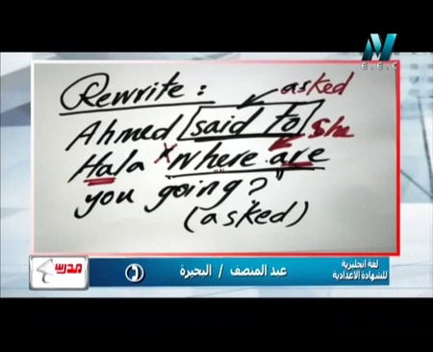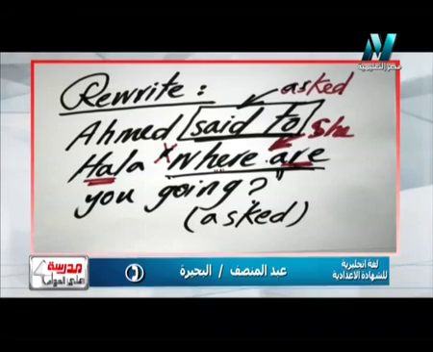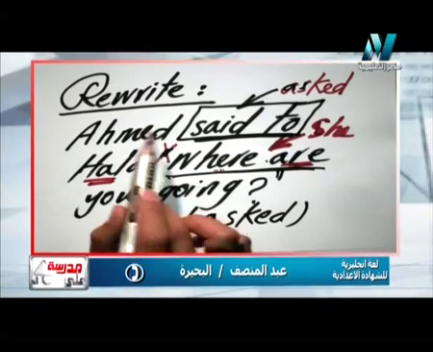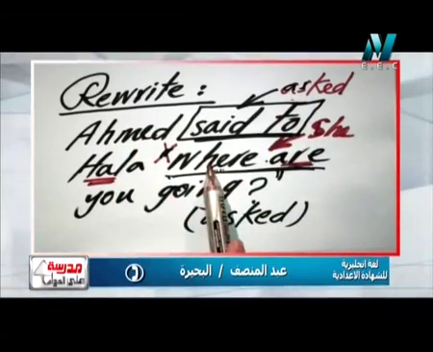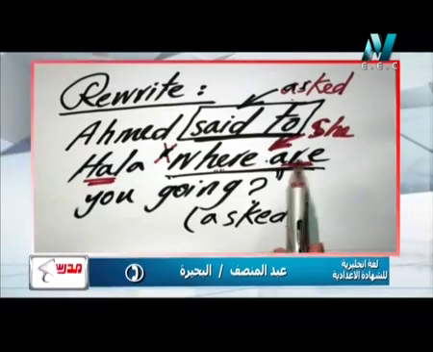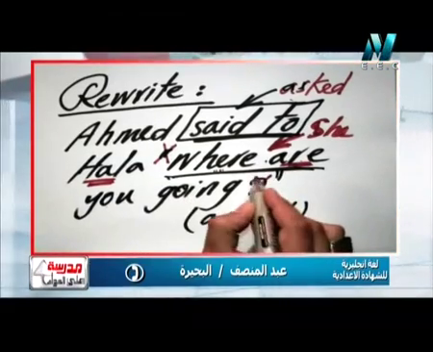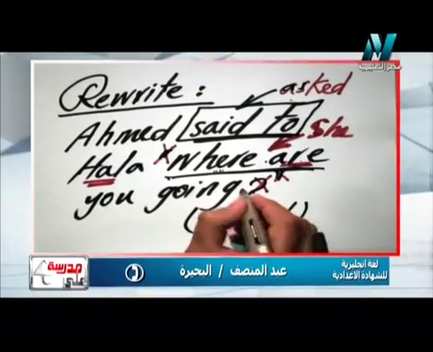What do we call this tense? Past continuous. Bravo. So the answer will be Ahmed asked Hala where she was going. We omit the question mark and the speech marks and put a full stop.